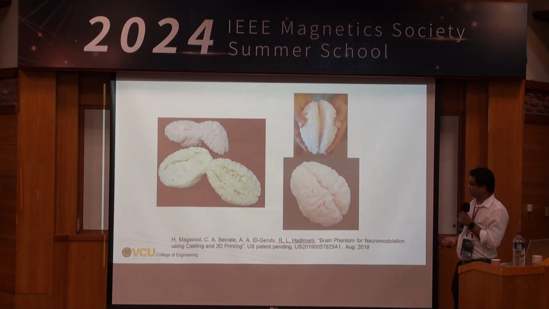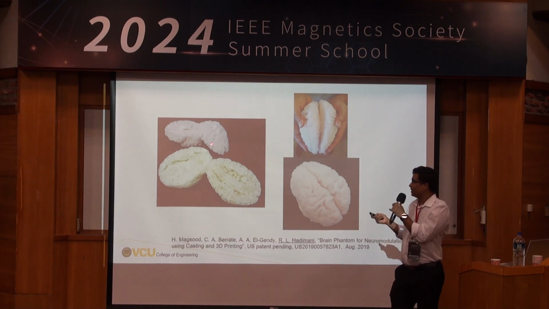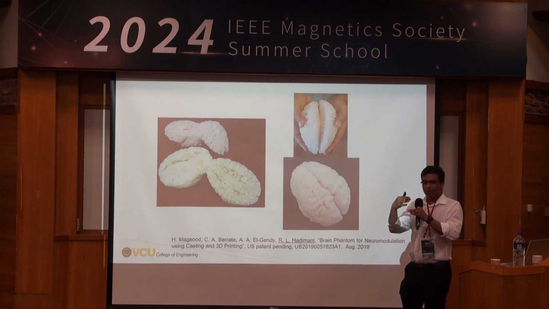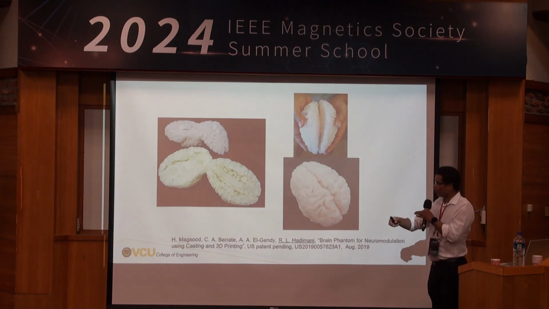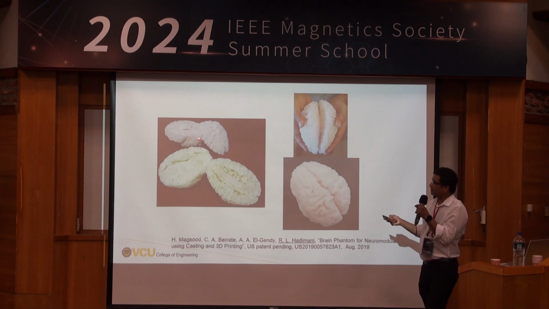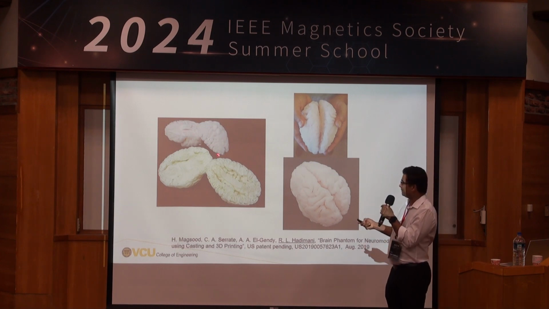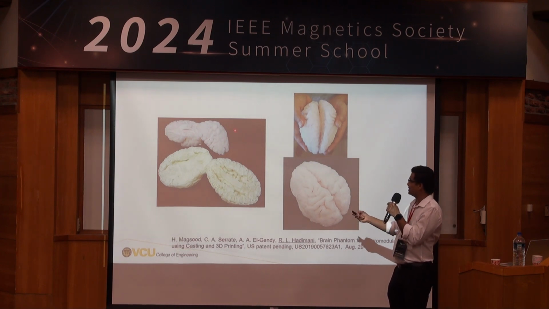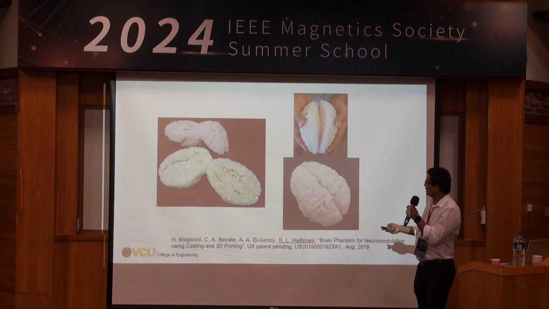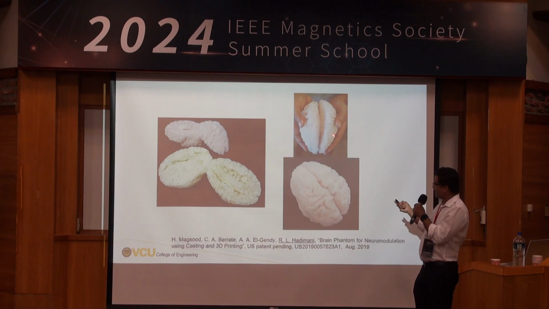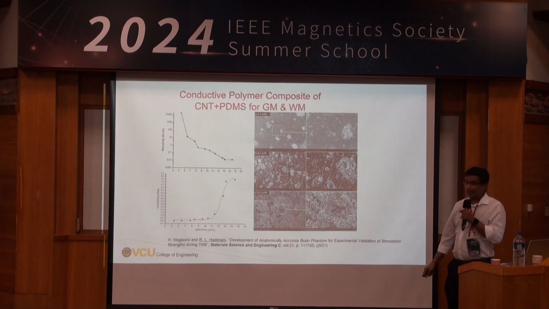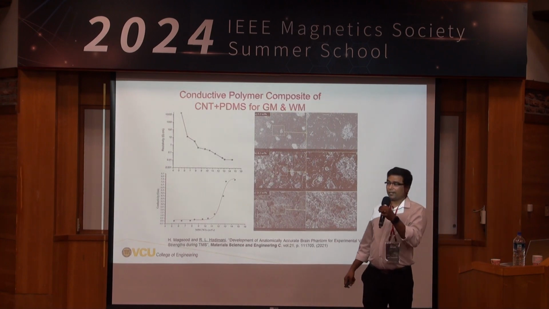We decided to use 3D printing. So basically using some rapid prototyping technique wherein you create shells with certain volume, and then these shells can be dissolved, and you use a polymeric material in these shells and dissolve the shells, and you are left with the structure. And this is PDMS, and it's not conductive, so we had to make a conductive polymer composite.